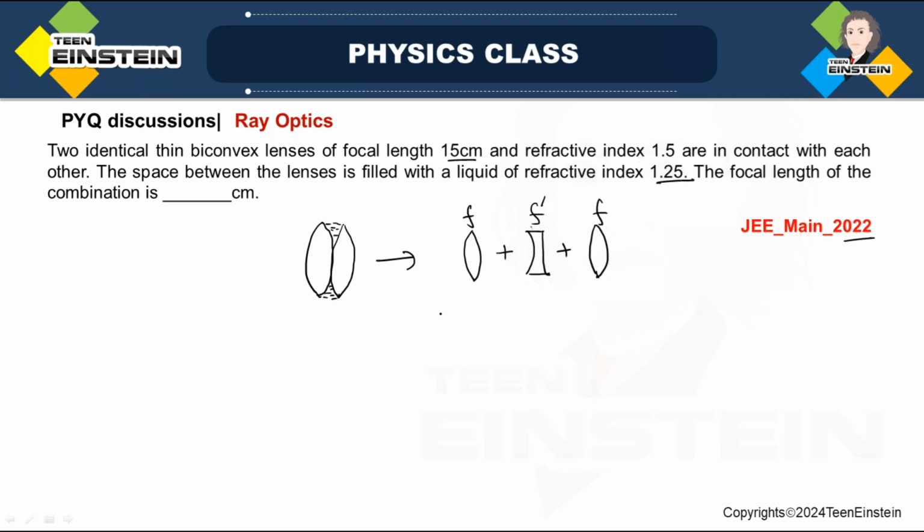As you know, we'll as usual be using the lens maker's formula. In this case, this f is given.